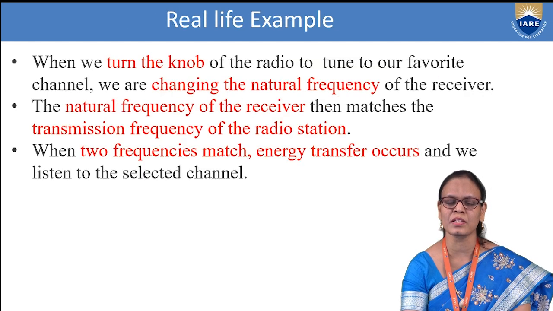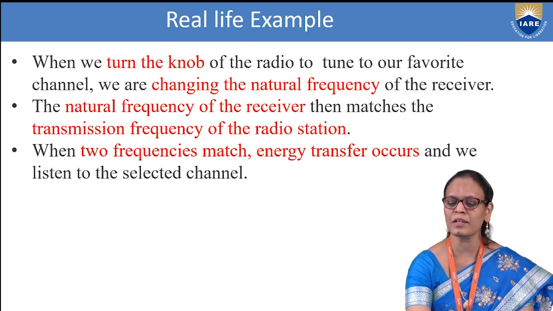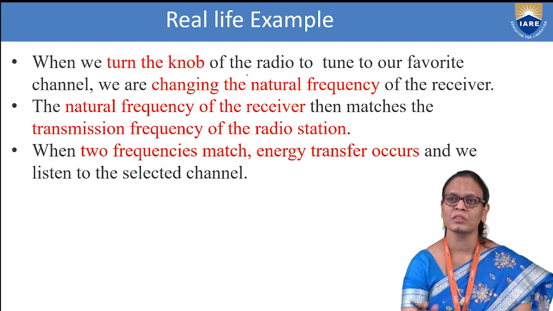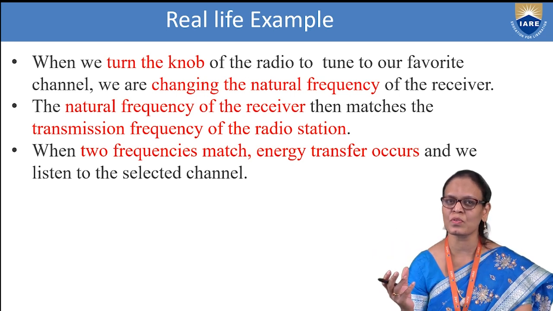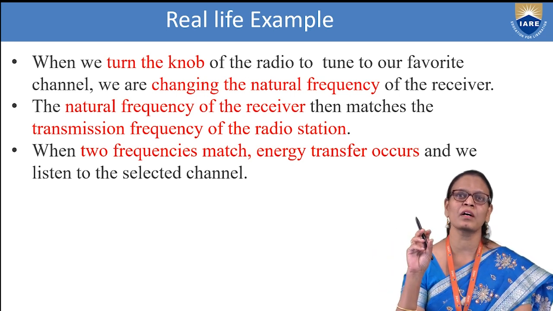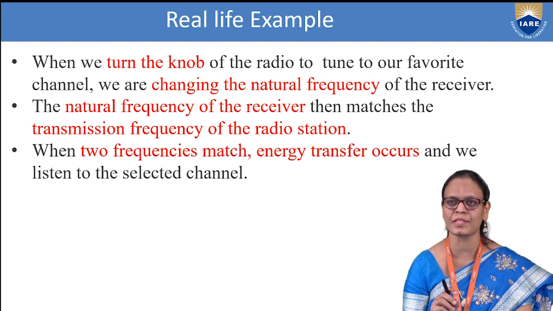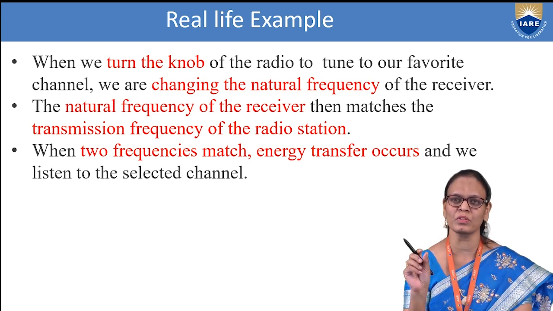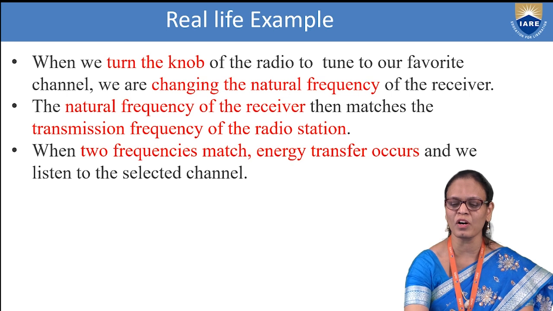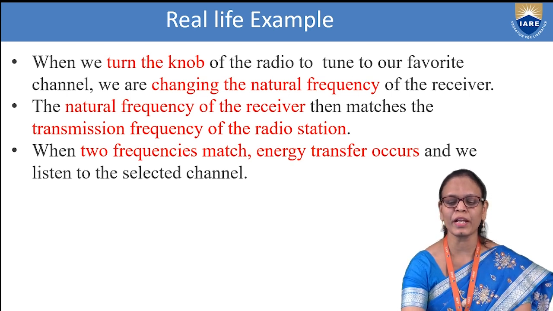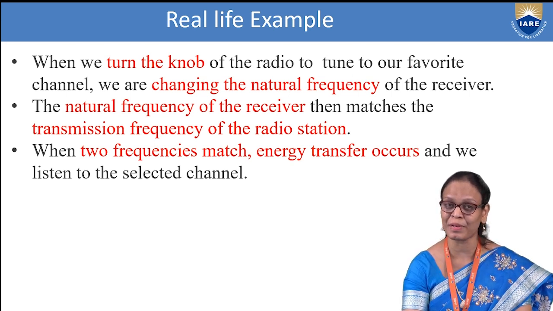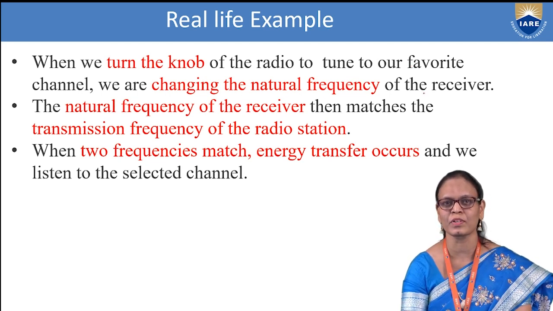Now, where do you use this? Let us see one real life example. When we turn the knob of the radio, the traditional radios which we used to have, where we have a knob to tune the frequency. So when we used to turn the knob of the radio, we are tuning it to our favorite channel. That means we are changing the natural frequency of the receiver.